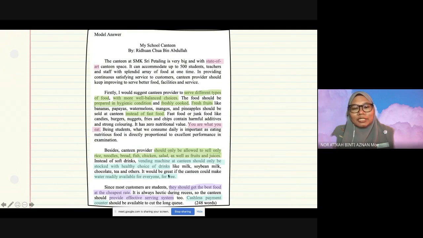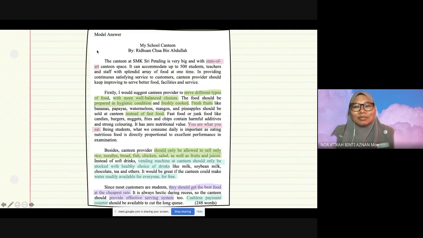It would be great if the canteen could make water readily available for everyone, for free. Since most customers are students, they should get the best food at the cheapest rate. It is always hectic during recess, so the canteen should provide an effective serving system too. Cashless payment counters should be available to cut the long queue.